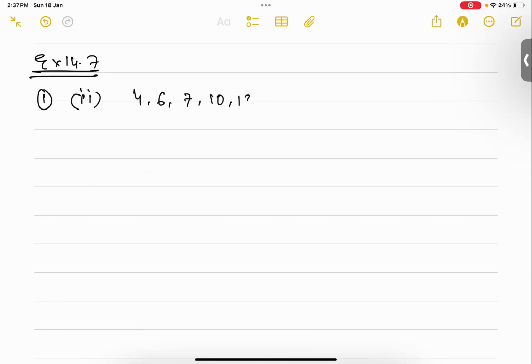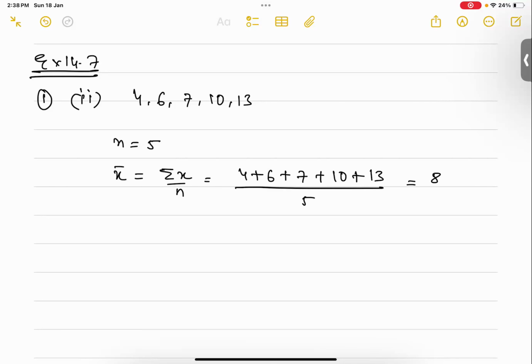Now the formula: mu r is summation x minus x bar raised to r upon n. Now they are asking you first four central moments. So you have to start taking the values of r from 1, not from 0.